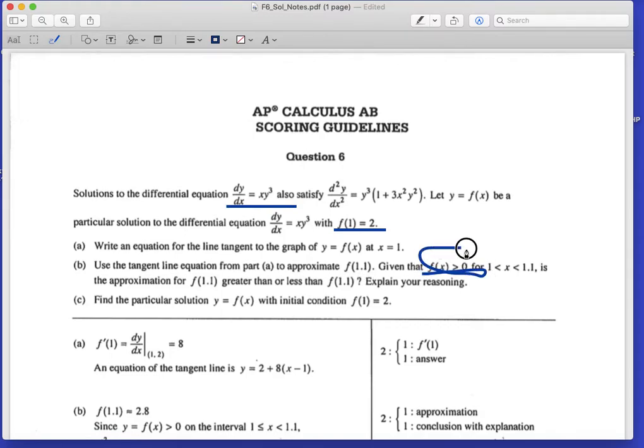They say that f of x is greater than 0. All right, so here's our situation. We know that x is positive, because it's between 1 and 1.1. We know that y, which equals f of x, is positive. So looking at the differential equations, if x and y are both positive, that means the first derivative is positive on that interval.